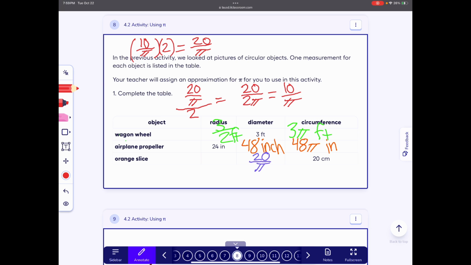What that tells us is half of 20 over pi is 10 over pi. So our orange slice has a radius of 10 over pi. And we just filled out the table for the wagon wheel, airplane propeller, and orange slice.